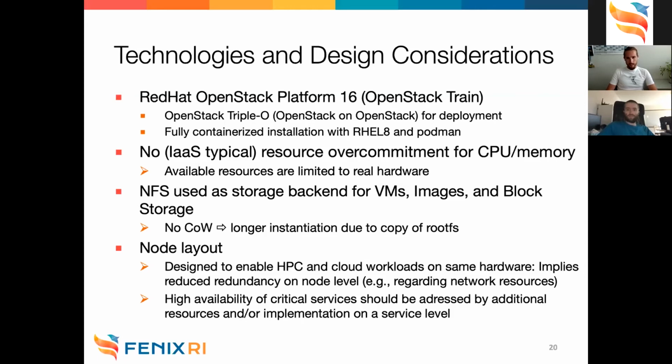This means that some of the decisions are not optimal for a cloud workload. To give an example, we don't have full network redundancy down to a node level. This might influence you when requesting resources, because you might have to request additional resources to make your service highly available if you really want to make your platform available 24/7.